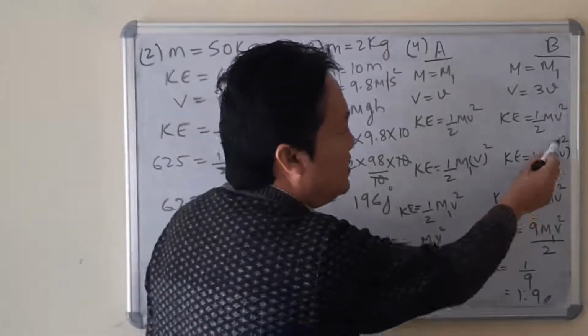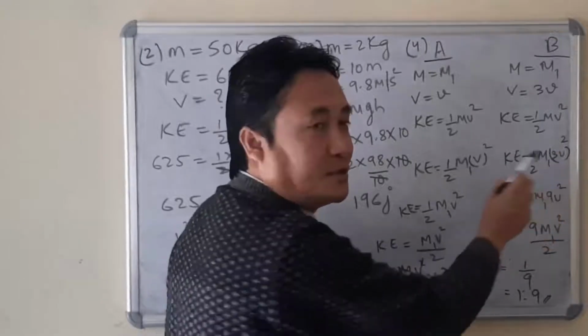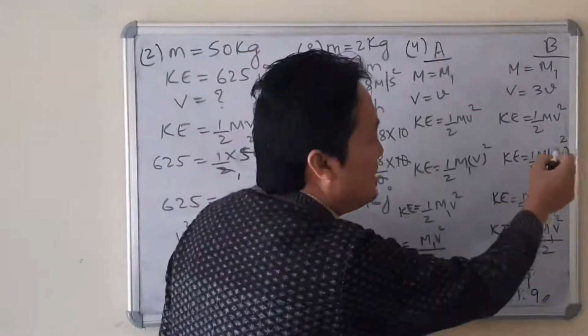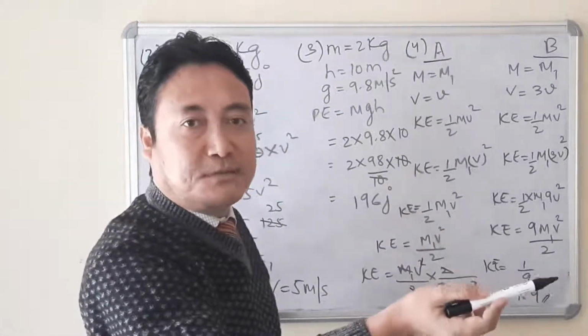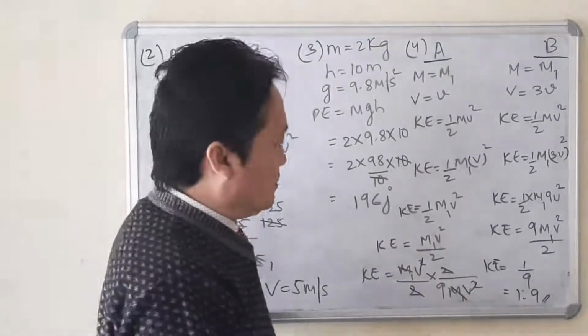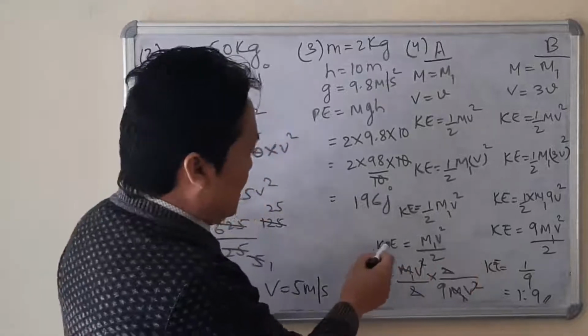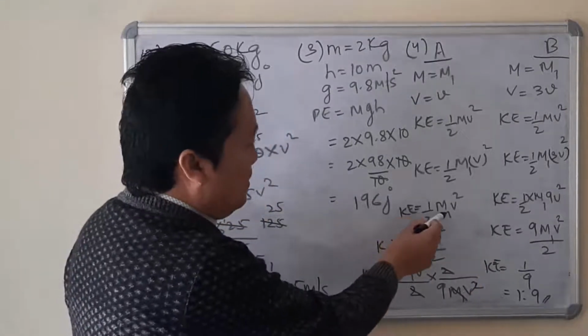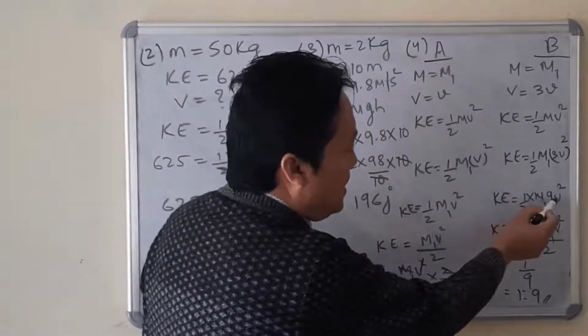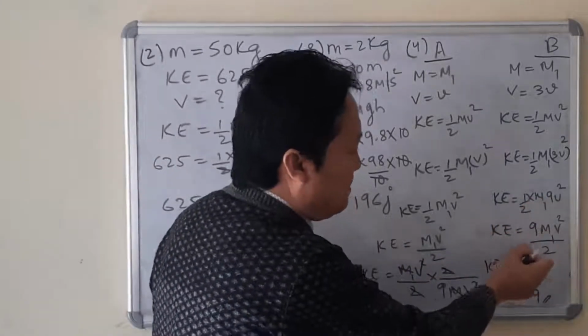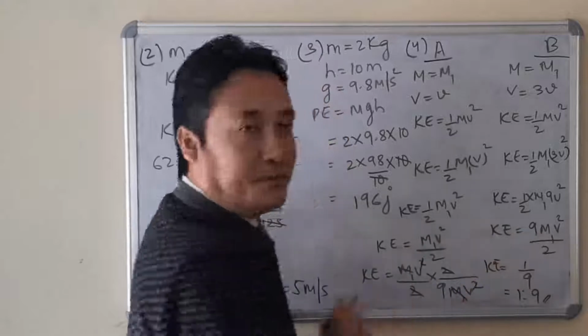Half into m1 into 3 square means 9, v square means 9v square. When you multiply this, because 3v whole square means 3v into 3v, we have to multiply 2 times here, so it becomes 9v square. Then kinetic energy equals m1 v square divided by 2. Here also m1 9v square divided by 2, so 9m1 v square divided by 2.